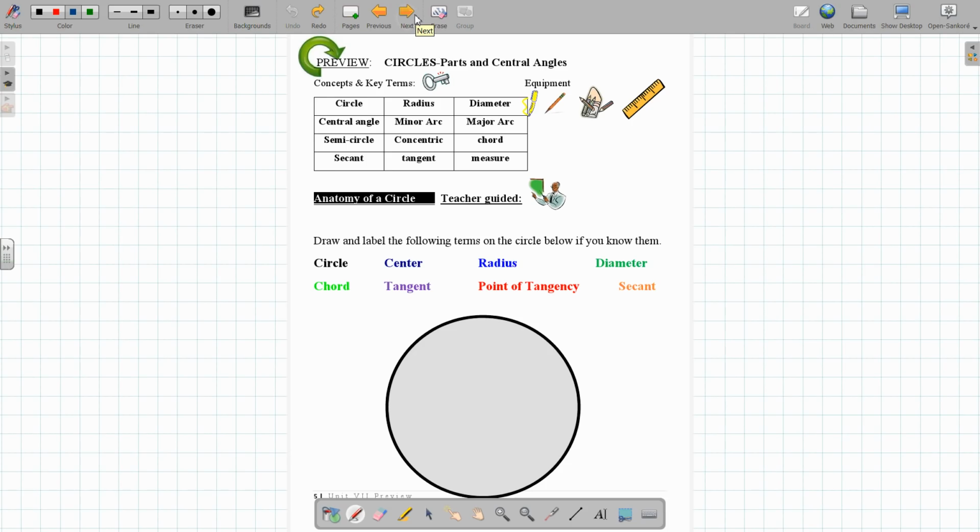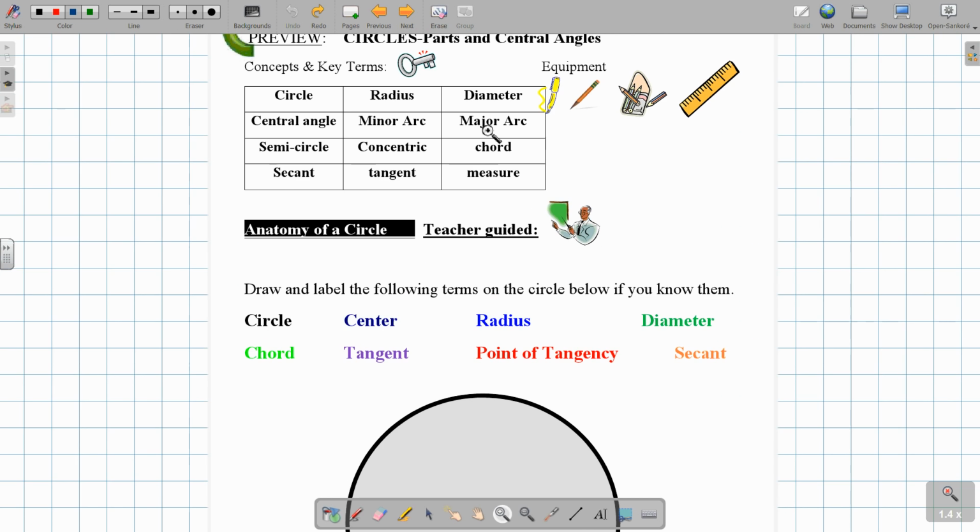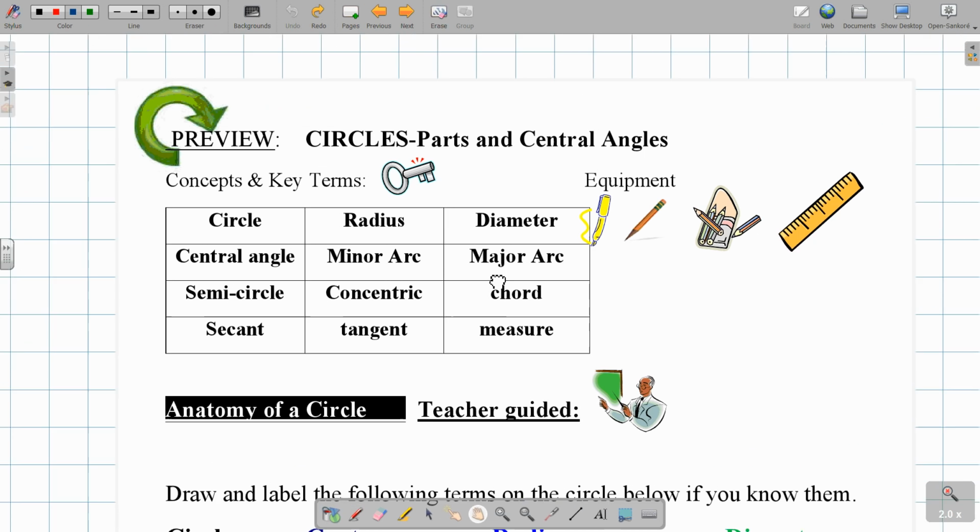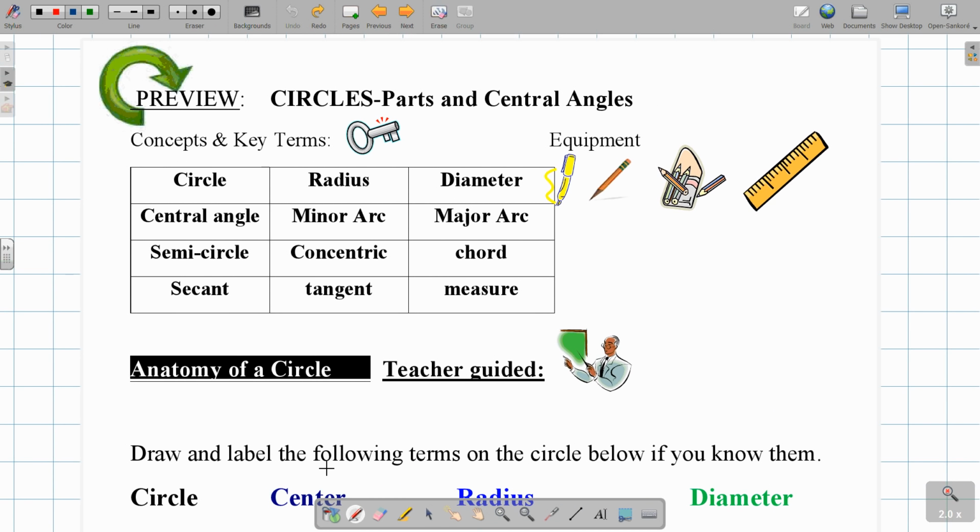We're going to be learning about circles over the next 3 weeks. Circles. And there's lots of new vocabulary this first time. Let's read and check these new vocabulary points. Read and check.